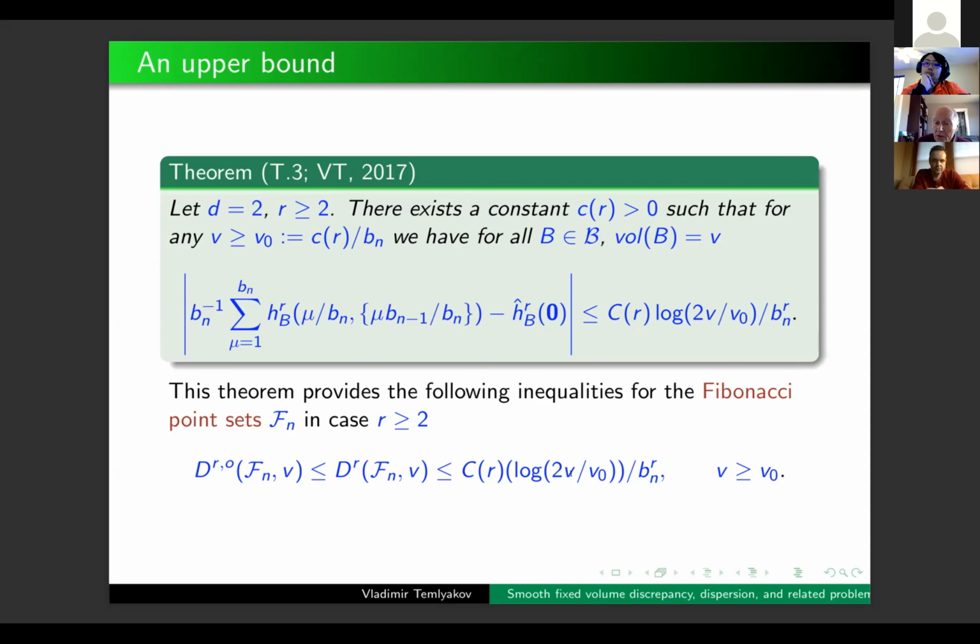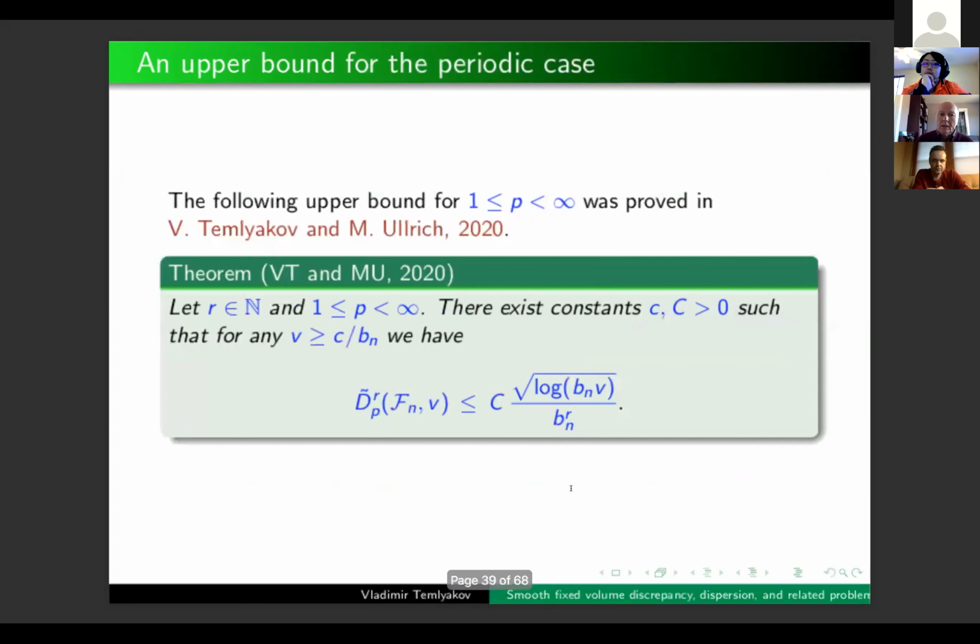But when V is of order V naught, this log disappears. It goes into this constant. So if V is small, this allows us to get rid of that log. And this is the qualitative feature which was observed first on these Fibonacci numbers, and that was in L infinity.